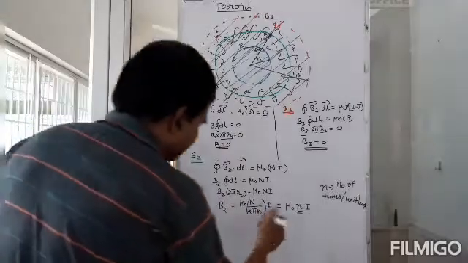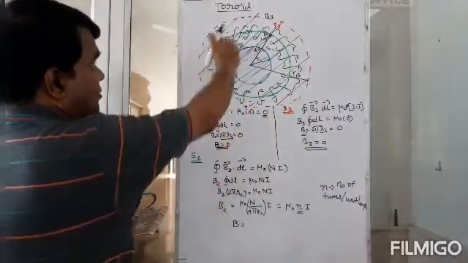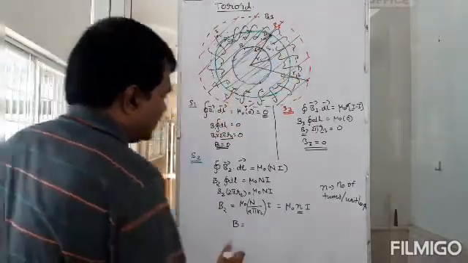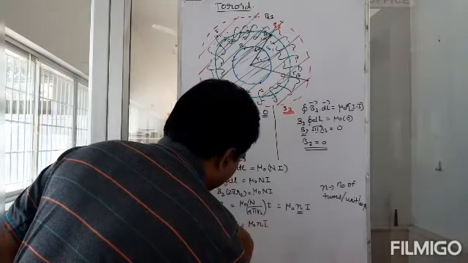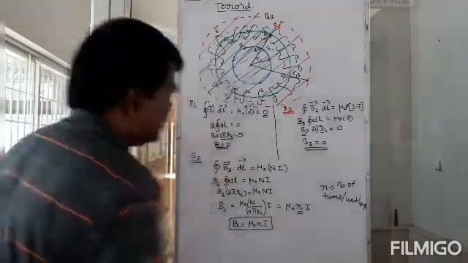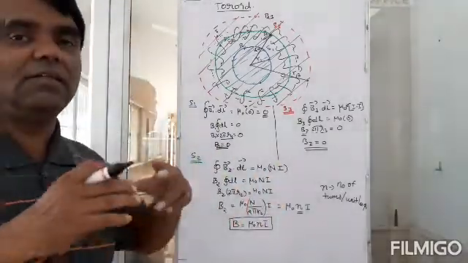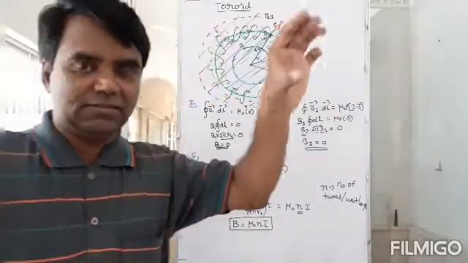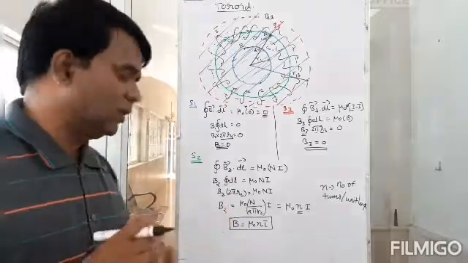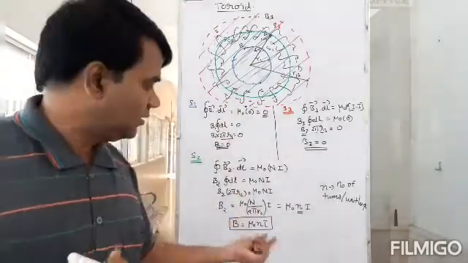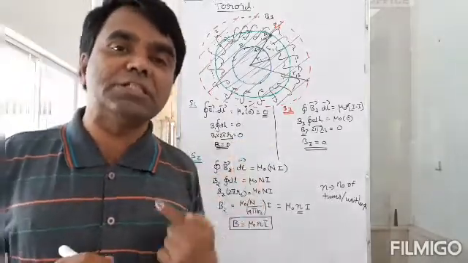So again, we generalize it. B inside, B2, which is inside the toroid, can be written as B is equal to mu naught n I. You see, in both cases, whether you took a solenoid or a toroid, B inside is equal to mu naught times n times I, where n is the number of turns per unit length.